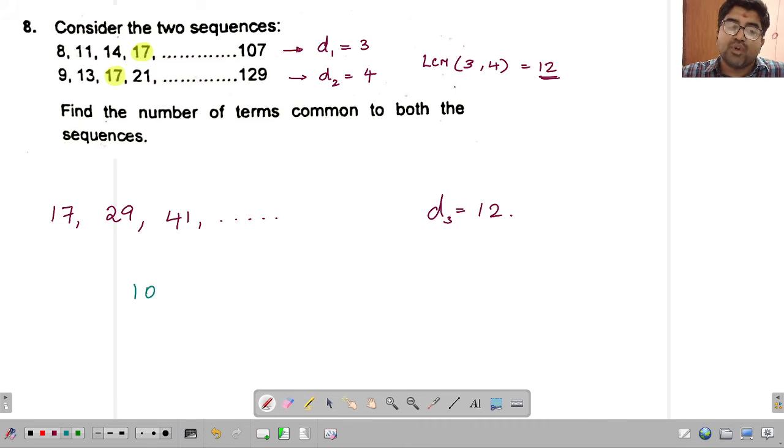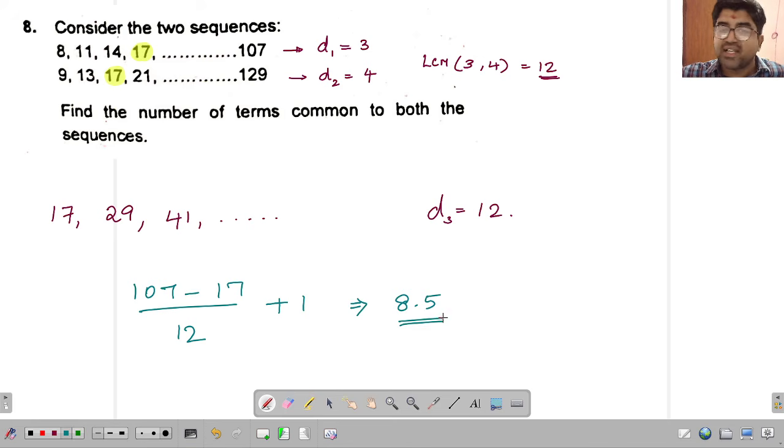The number of terms is the last term minus the first term divided by the common difference 12, plus 1. 107 minus 17 is 90. 90 by 12 is 7.5, plus 1, which results in 8.5.